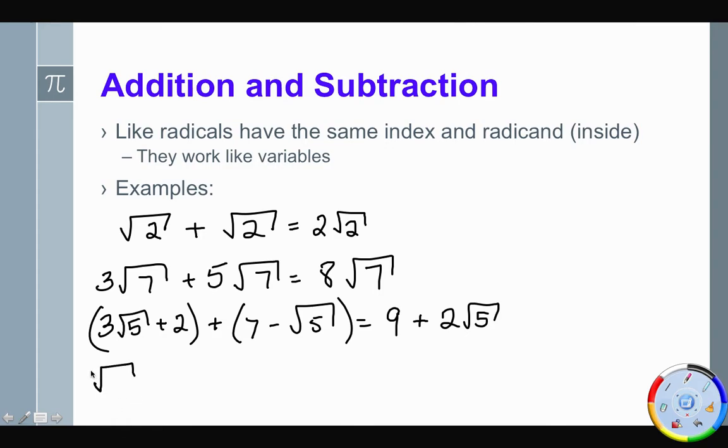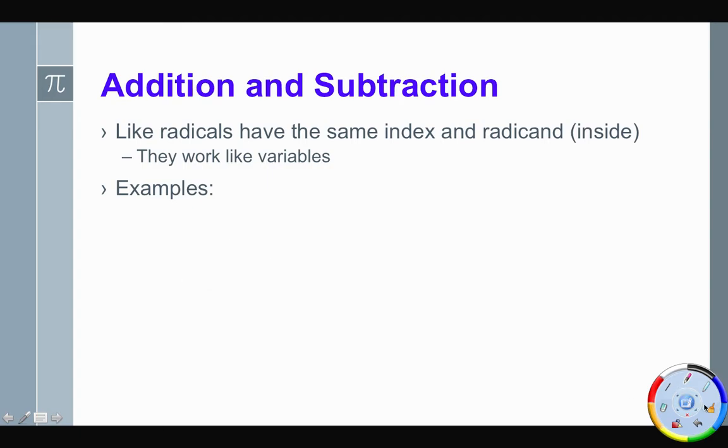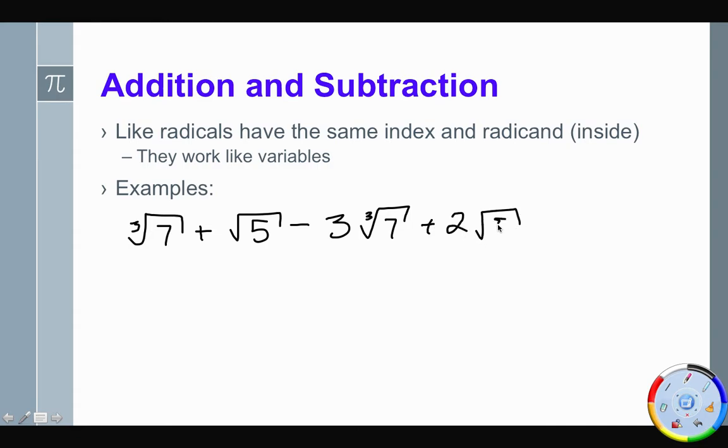Let's say we had the cube root of 7 plus the square root of 5, minus 3 times the cube root of 7 plus 2 radical 5.